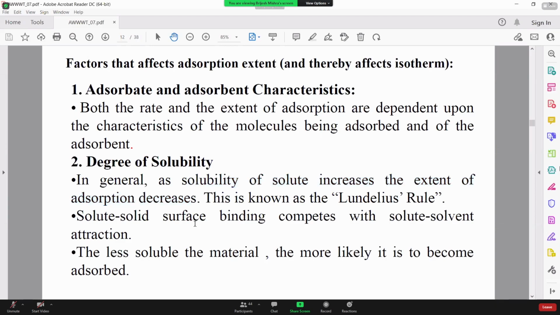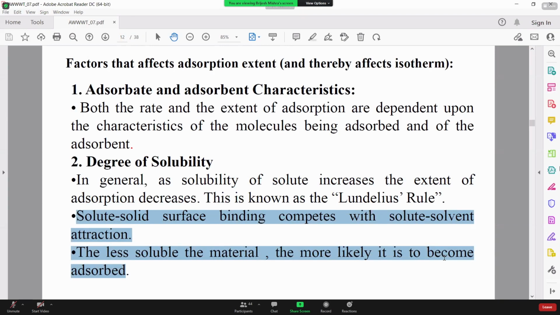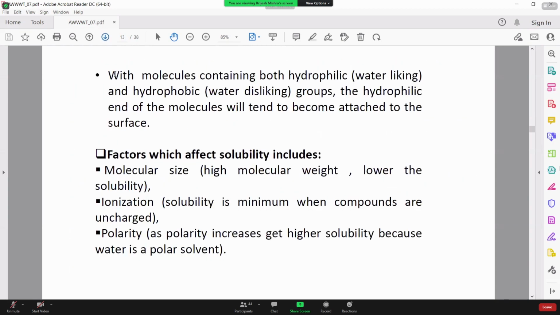Solute-solid interface binding competes with solute-solvent attraction, naturally. The less soluble the material, the more likely it is to become adsorbed. Next slide. With molecules containing both hydrophilic and hydrophobic groups, the hydrophilic ends of the molecule will tend to become attached to the surface.